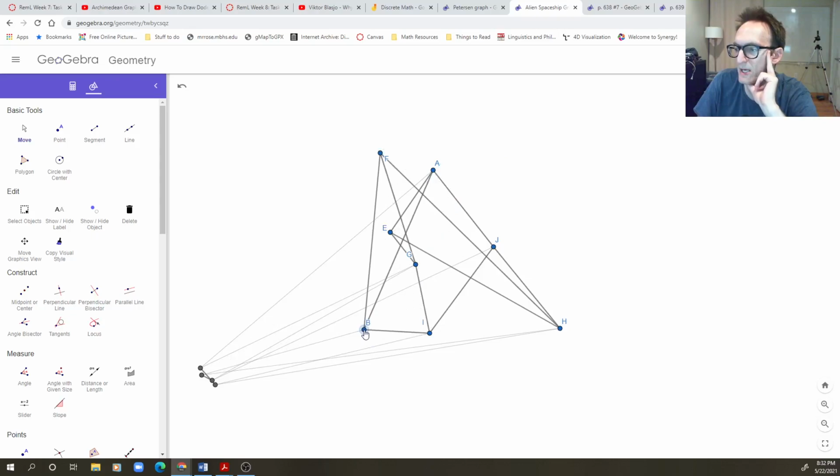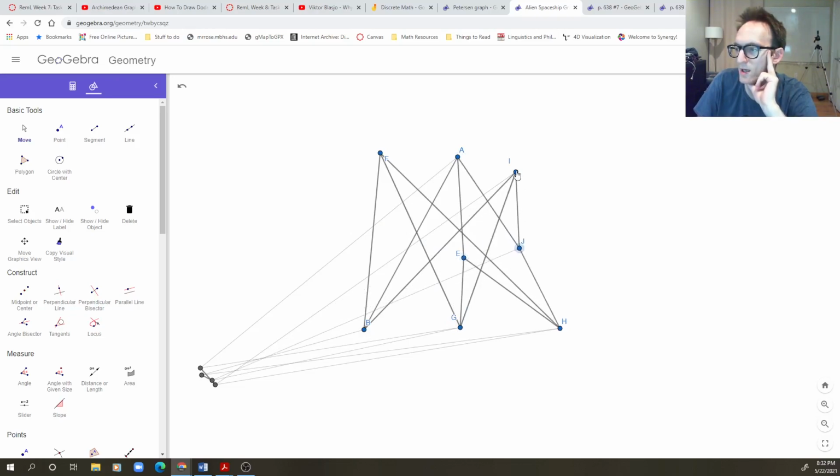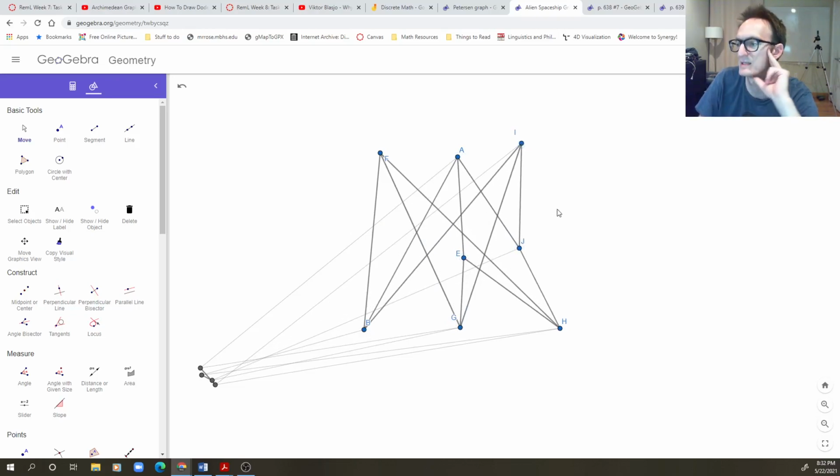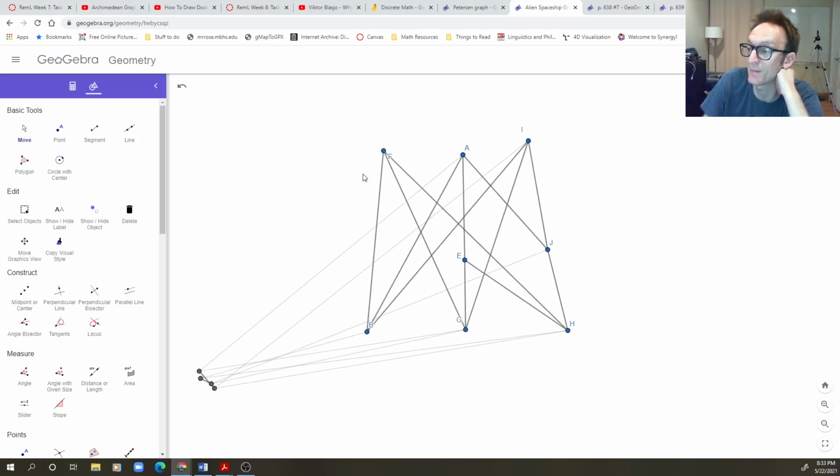So B's got to be down here, and I's got to be up here, and maybe G is down here. Did I just accidentally win? I think I did. I think I just accidentally win. Not accidentally. I really just like did math there. Okay, so good. What do we got? I found my K33.